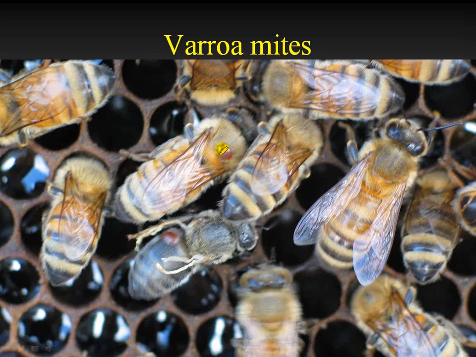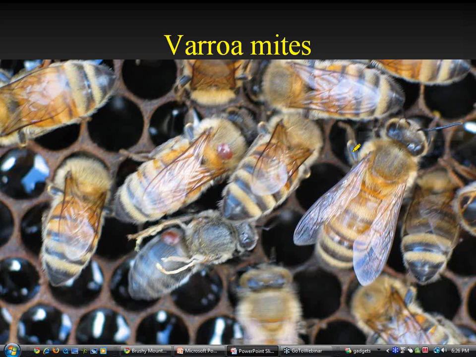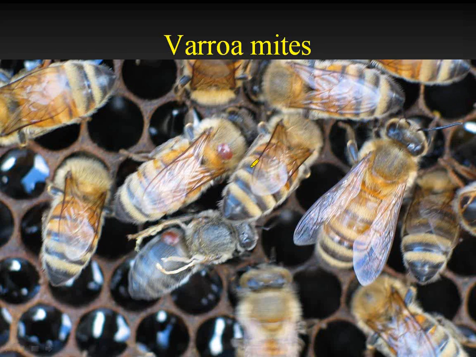And this, in fact, is a varroa right here, and this is a varroa right here. This is deformed wing virus, a nasty virus that varroa transmits. But those are varroa mites on adult bees. So now you get a sense of how big these things are in comparison to the adult bees.